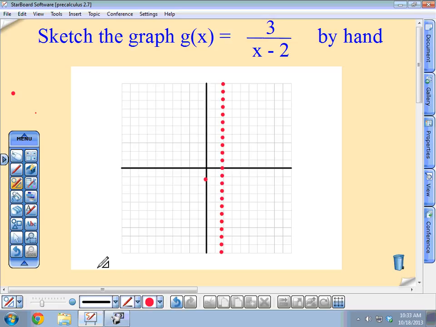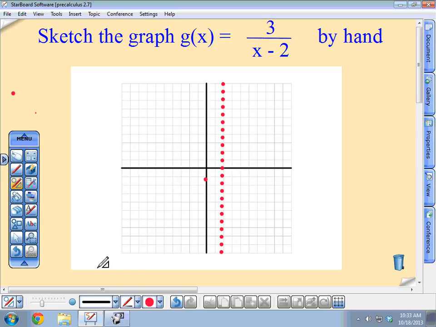Well, there's three rules. You're comparing the degrees. You have a 0 degree on the top for the numerator and a first degree on the bottom. So we know they're not equal. So is it the one with no horizontal asymptote or the one with the x-axis as a horizontal asymptote? What did you say, Ben? Y equals 0, which is the x-axis. Yep.